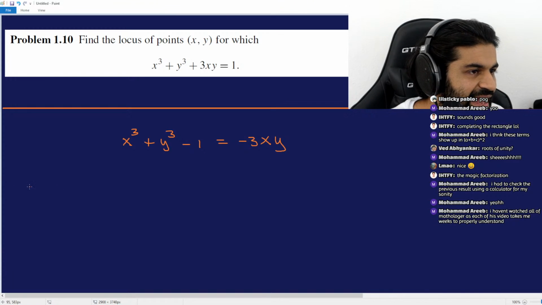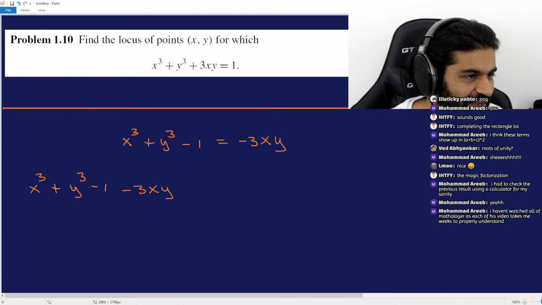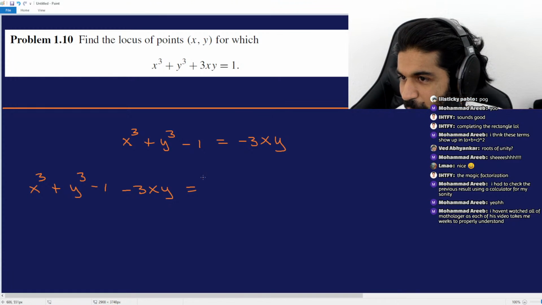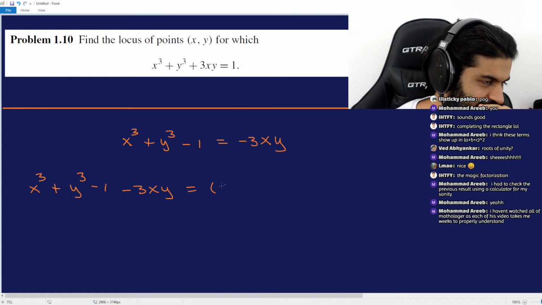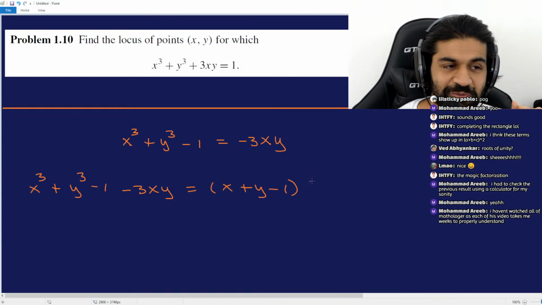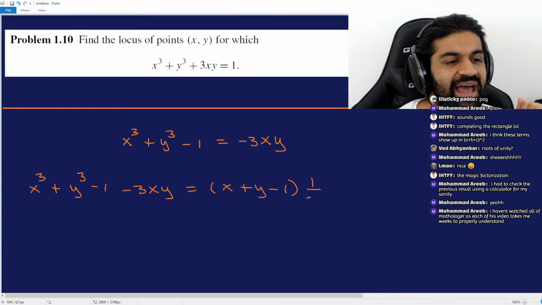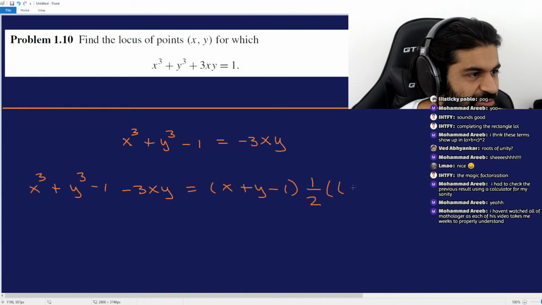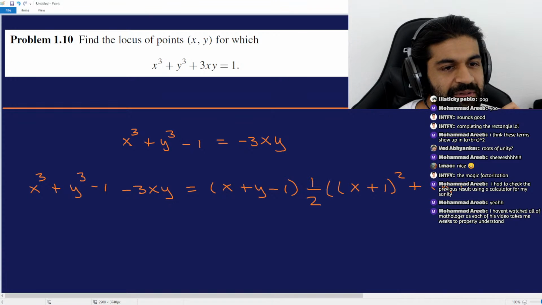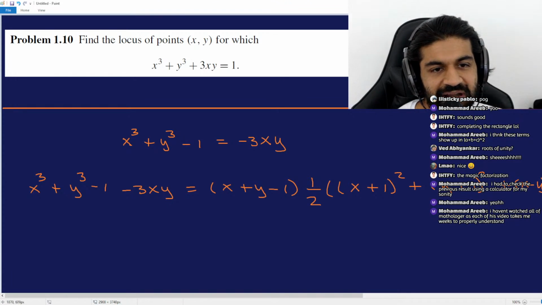But we know that x cubed plus y cubed minus 1 minus 3xy is going to factor using our magic factorization. This is going to factor as x plus y minus 1, taking cube roots, times 1/2 times x plus 1 squared plus y plus 1 squared plus x minus y squared.